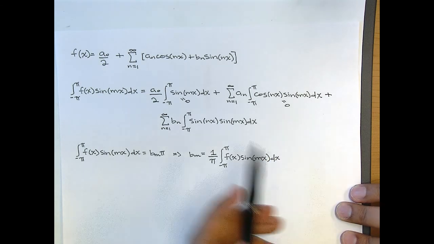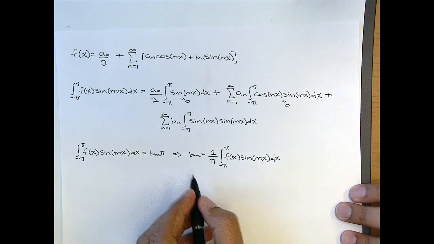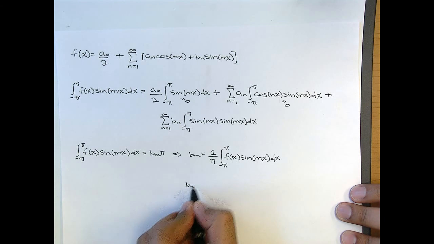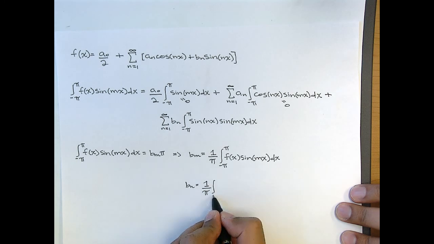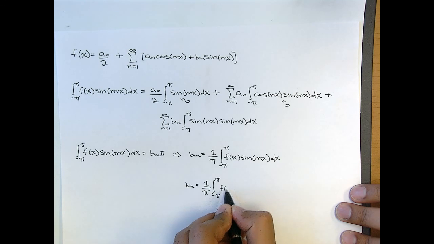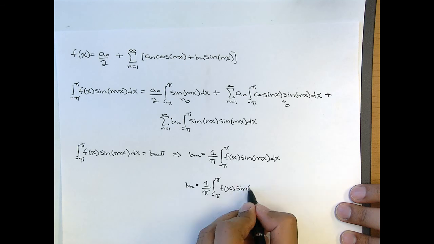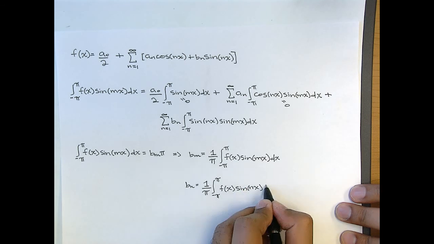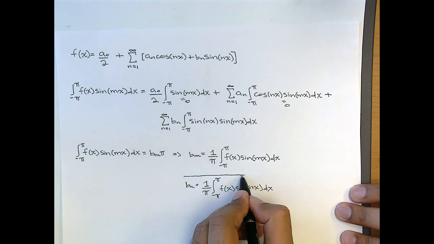Once again we're looking for b sub n, but remember here n and m are equal, so we can just write this as b sub n, that is 1 over pi, the integral from negative pi to pi of f of x sine of nx dx. So that is our coefficient b sub n.